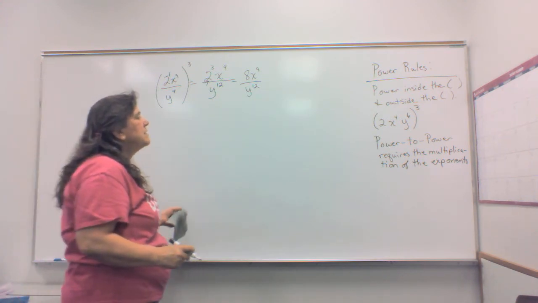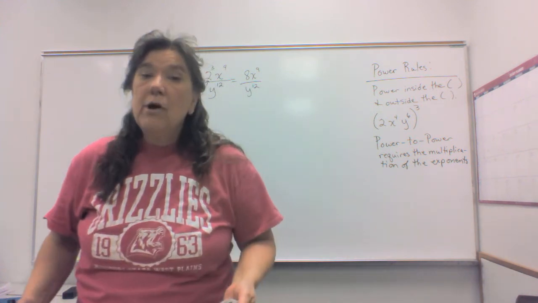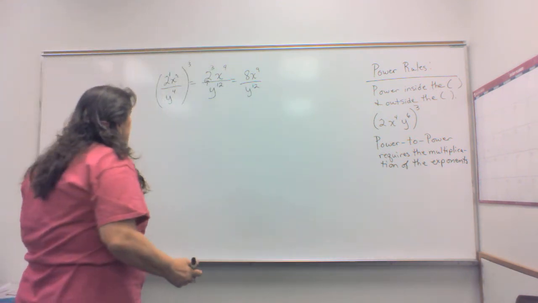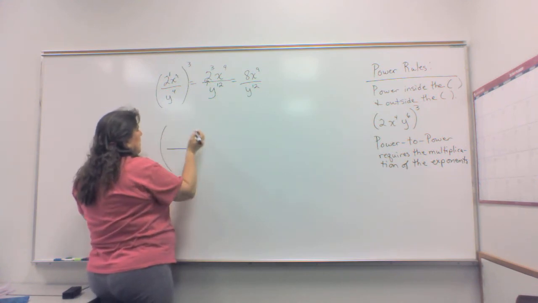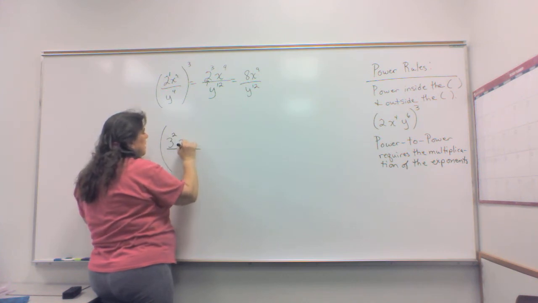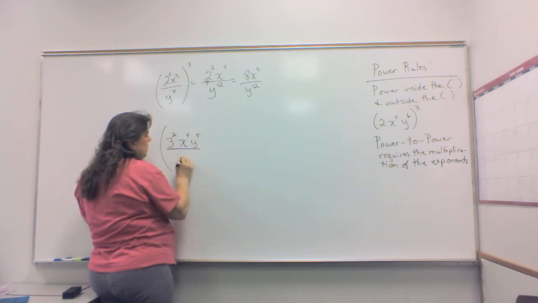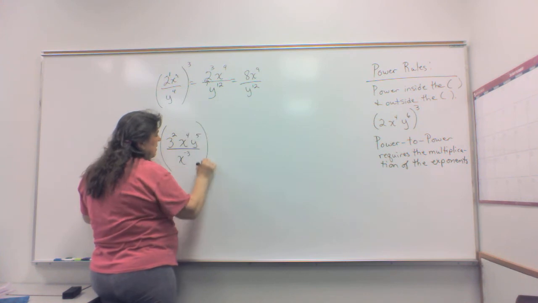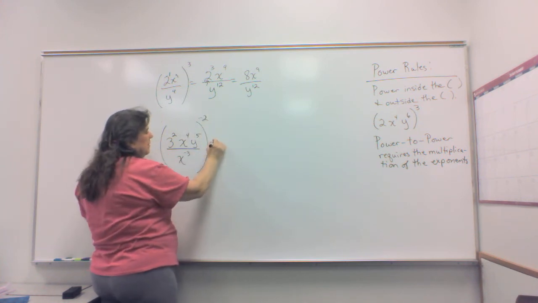So now let's look, what happens when we become even more complex? Let's do one more that's a little more complex. Let's see, 3 to the 2nd power, x to the 4th power, y to the 5th power, over x to the negative 3 power, this whole thing to the negative 2 power, okay?